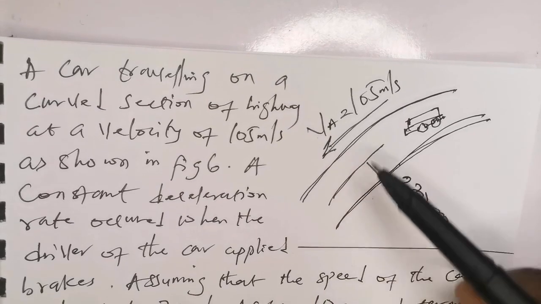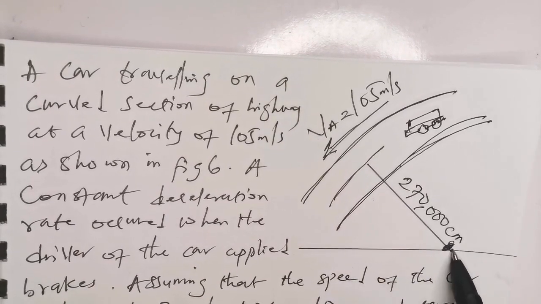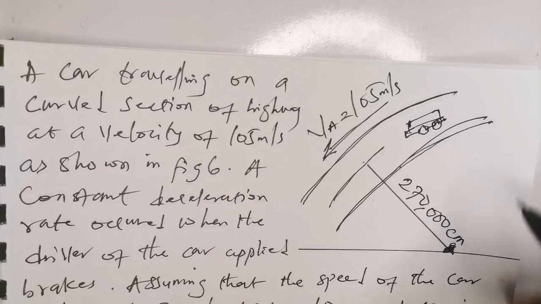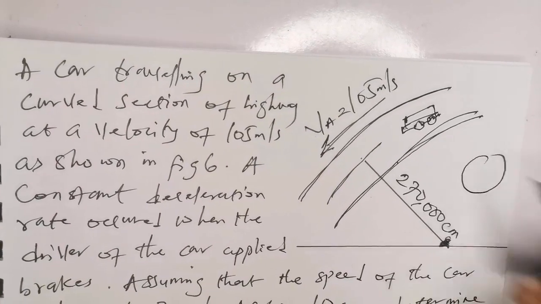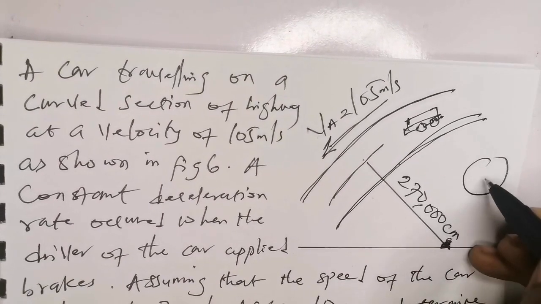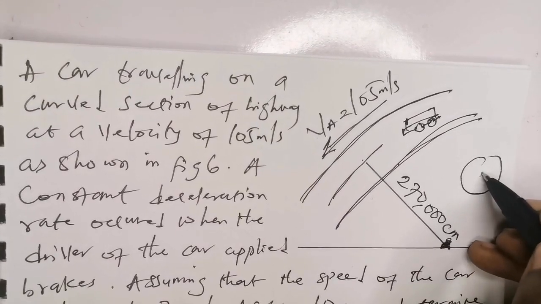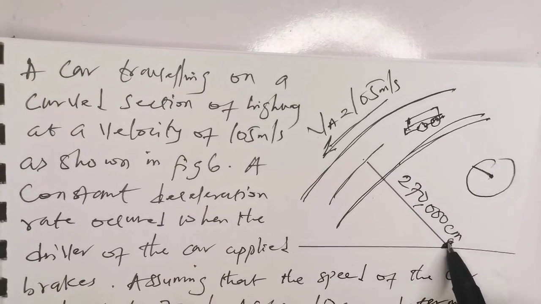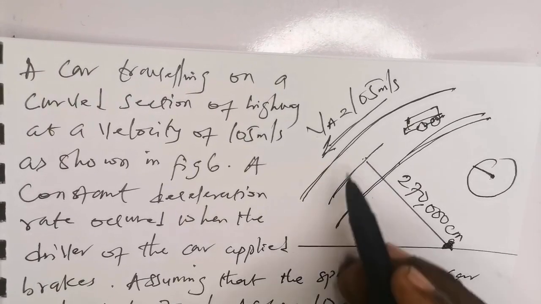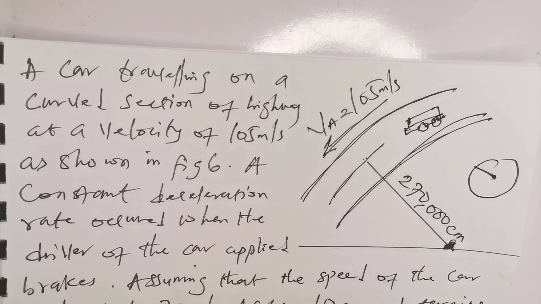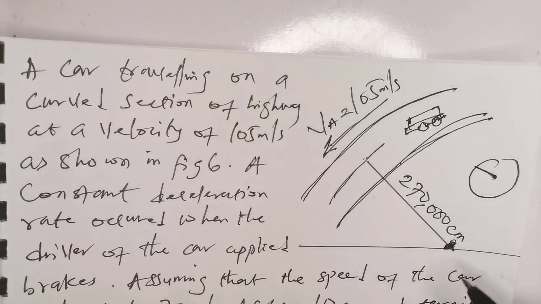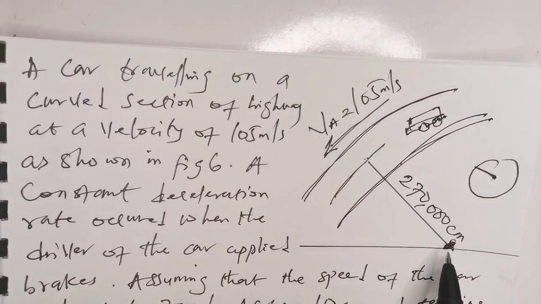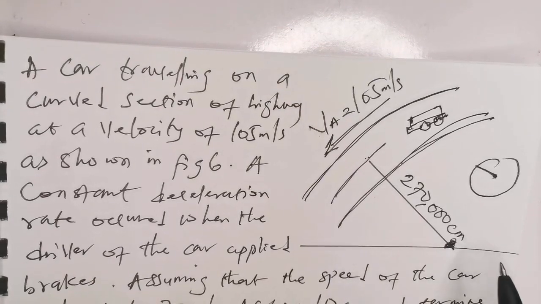Now, observing the diagram, notice that from this point to the center of the circle, this is now a circle. Just imagine having this to be a circle because we're talking about curvilinear motion. From the center of the circle to any point on the circle is called the radius. So this arm is a radius arm, simply called the radius of curvature. Whenever an object is undergoing a circular motion, the radius arm is called the radius of curvature. And the radius of curvature was given to us there as 270,000 centimeters.